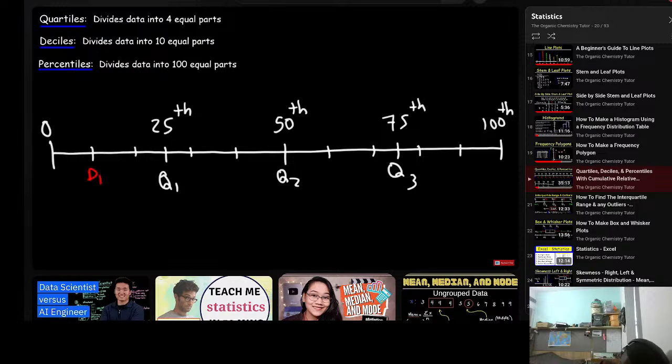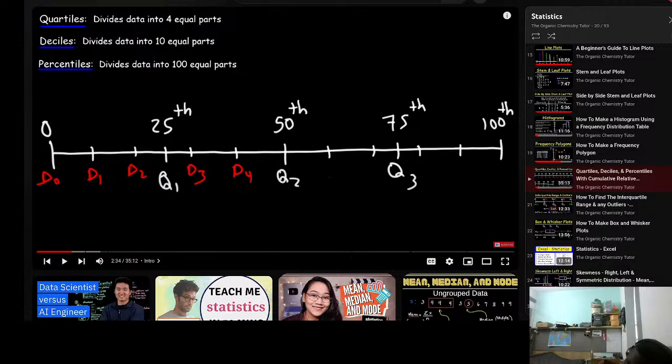So this is going to be D0, this is D1, D2, D3 is the third decile, D4 the fourth decile.